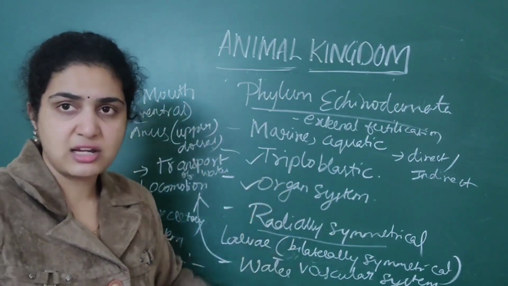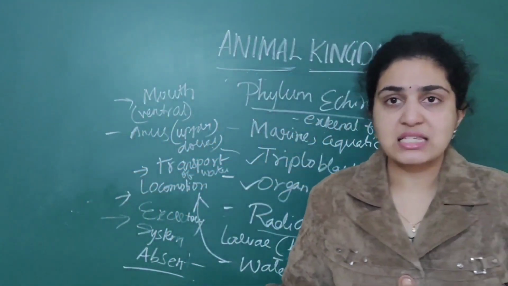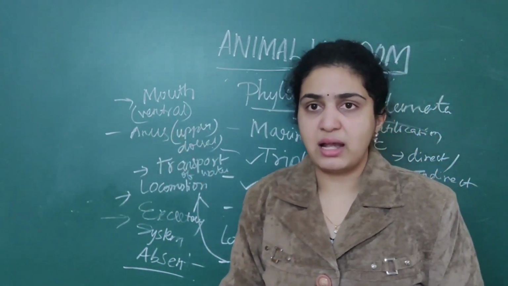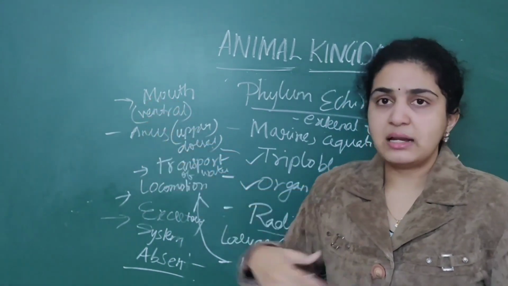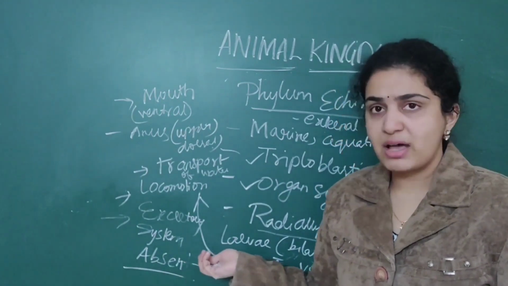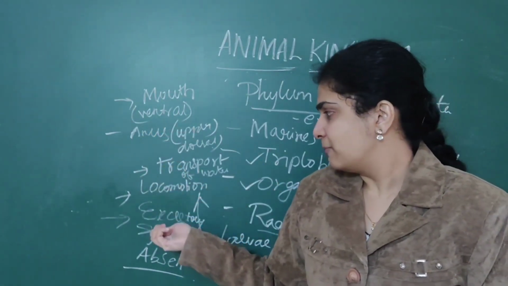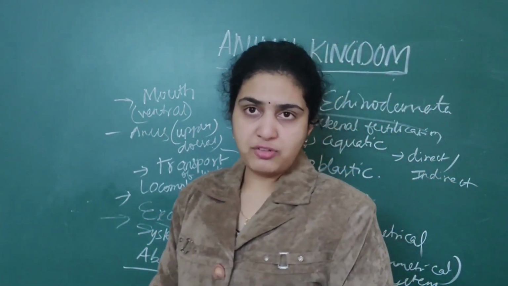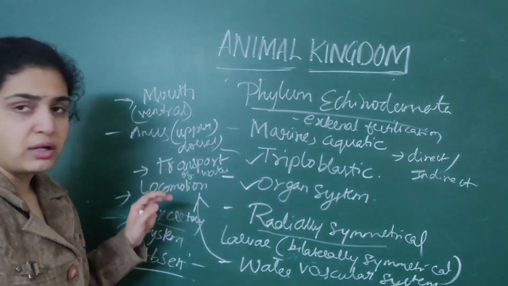Now the special features. They exhibit a special feature called the water vascular system, and the digestive system is well developed, with the mouth on the ventral side and the anus on the dorsal side. Another one is that the excretory system is totally absent in echinoderms.